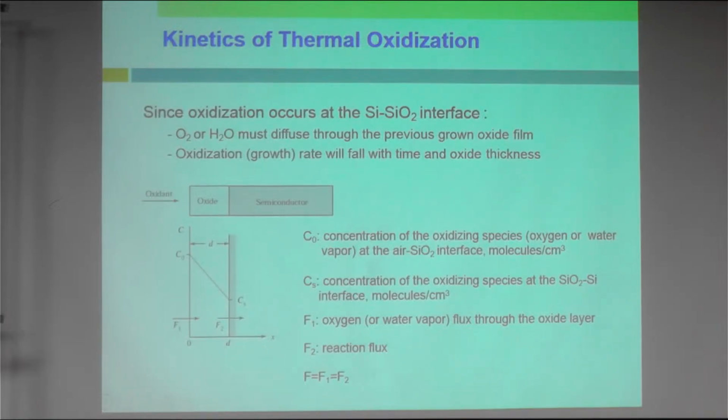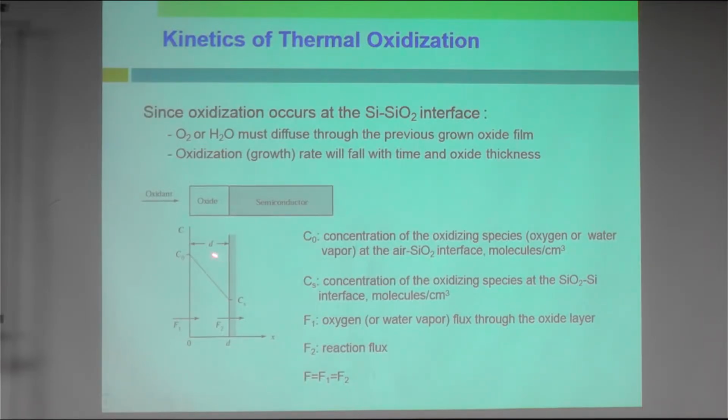In the process of thermal oxidation, since oxidation occurs at the silicon and silicon dioxide interface, the O2 or H2O vapor must diffuse through the previously grown oxide film. So you have the film and the semiconductor material, the silicon.